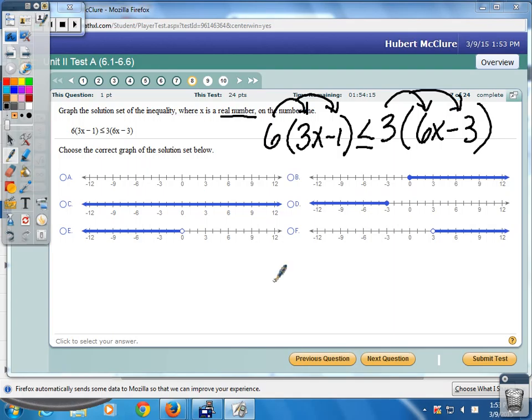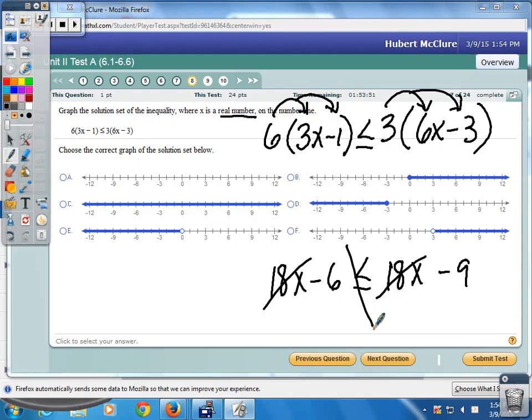And that's going to be 18x minus 6 is less than or equal to 18x minus what? What happens to the 18? And you get negative 6 is less than or equal to negative 9. True or false? False.